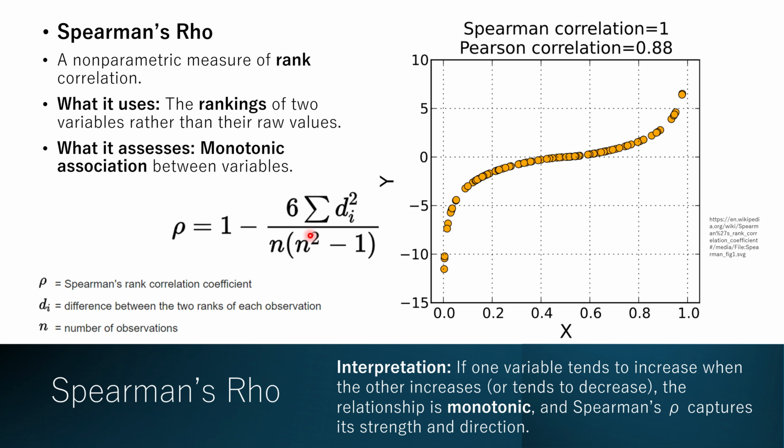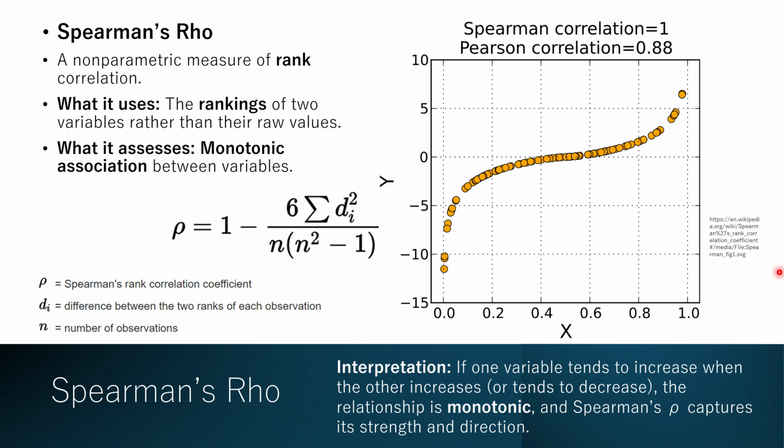It replaces raw values with ranks and measures monotonic associations. If one variable tends to go up as the other goes up, rho will be high. It uses rankings. Ranking is what matters, and magnitude does not. Key features: robust to outliers, because even if one outlier's magnitude is very high, we can ignore the magnitude.